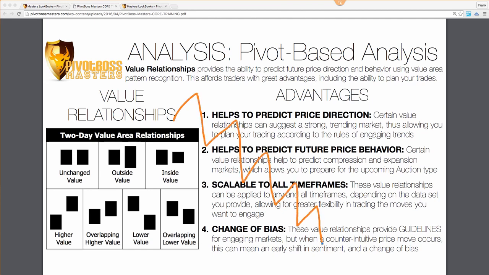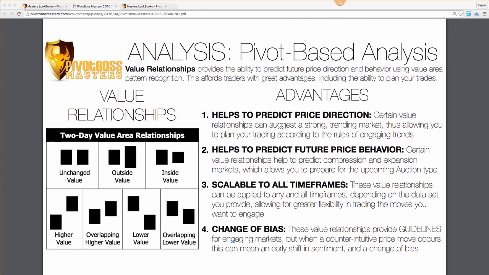It's a trending market that looks like this, and all of a sudden it pops up here and starts to do that. Typically the value area is here and here and here, maybe it's up here, then maybe right there, and the next value area is here, and yet it closes above it here, and then it opens above it. That is the change in bias that usually starts this.